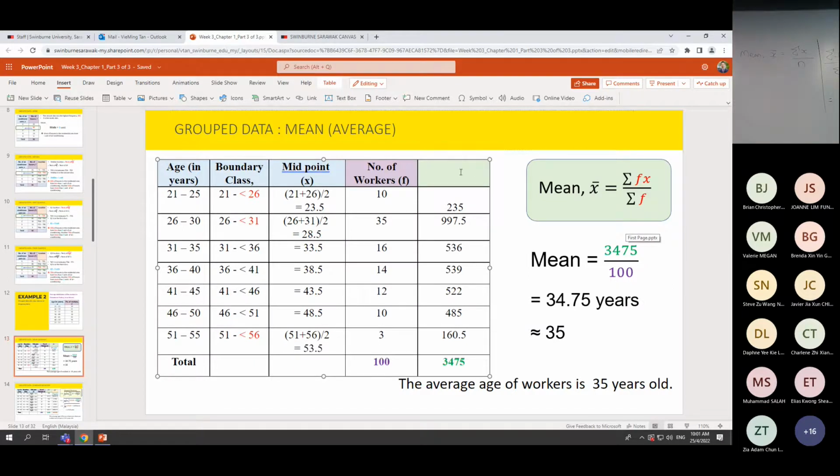So we need to build one column called fx. How to calculate the fx value for the first class?